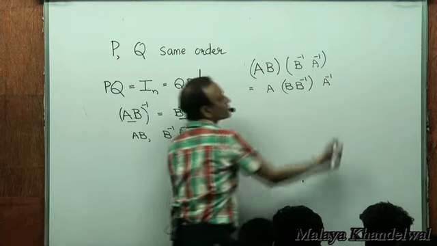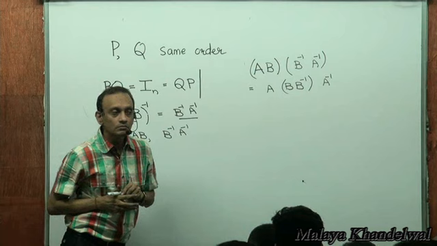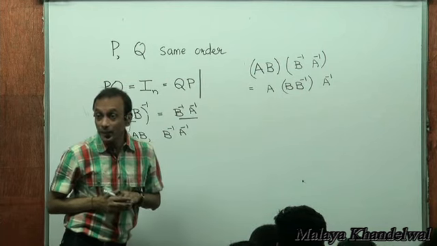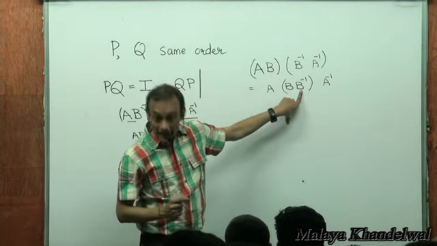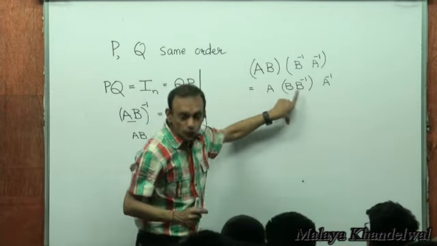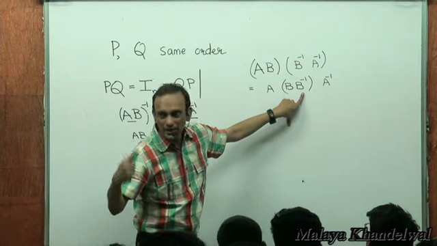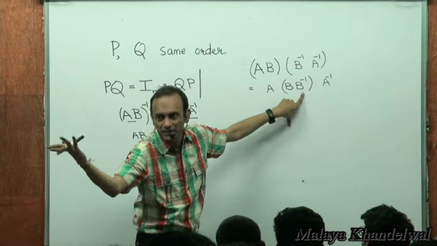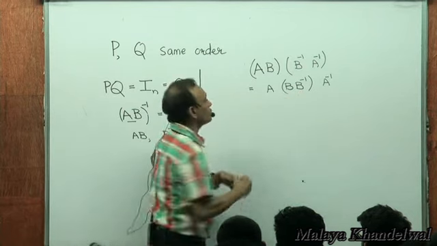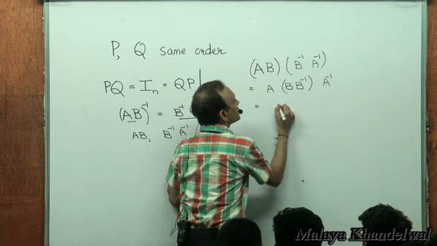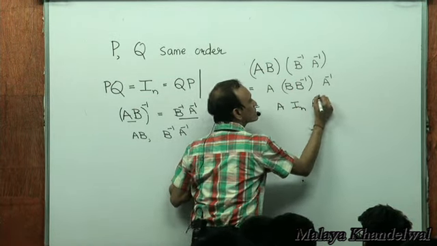I could put brackets at will in a multiplication. But B into inverse of B would be an identity matrix. Yes or no? A matrix into its inverse will be an identity matrix. So B into B inverse would be IN. So this is going to be A times IN into A inverse.